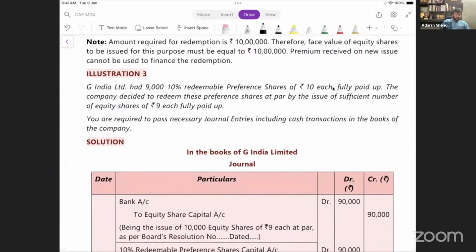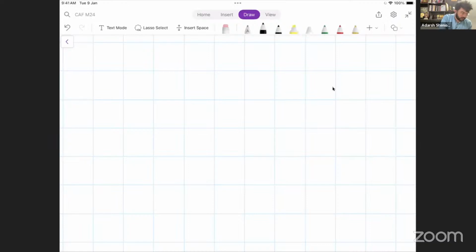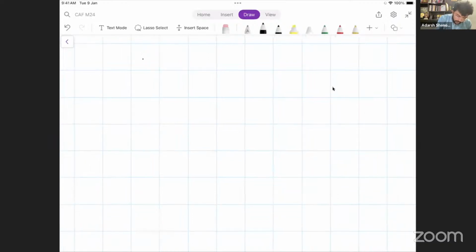Sir, now let's take one example. I'm redeeming preference shares of 1 lakh. I'm saying I will do a fresh issue of equity shares. There are two options, create CRR or fresh issue.